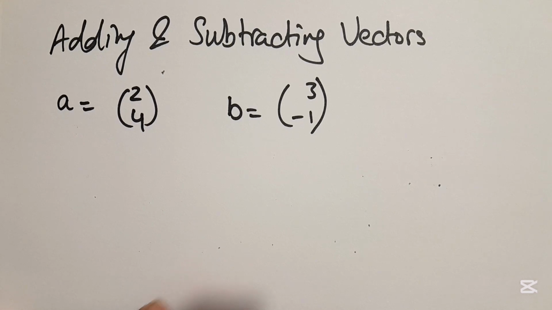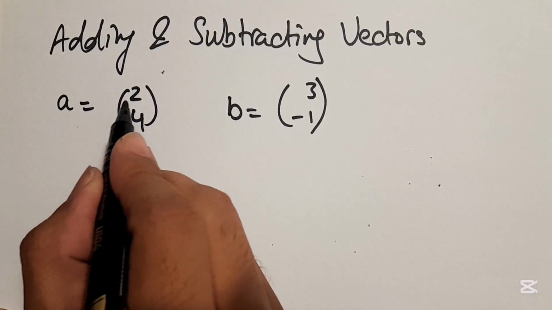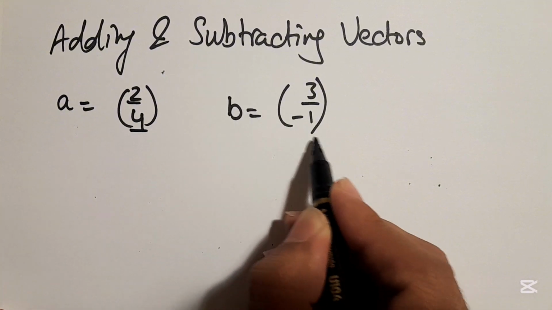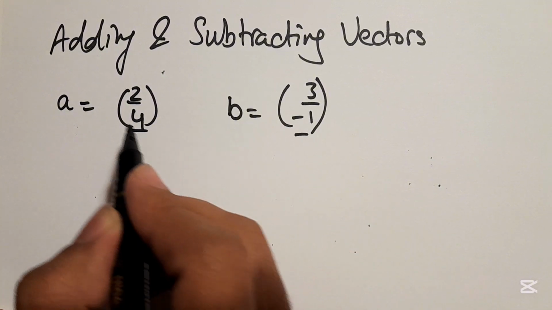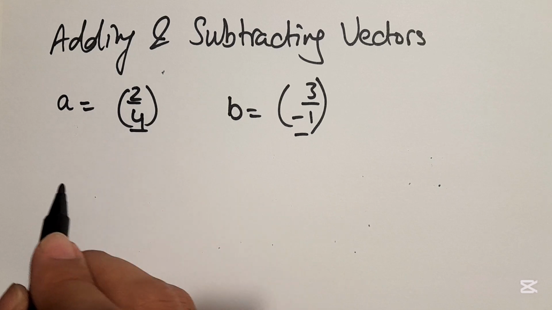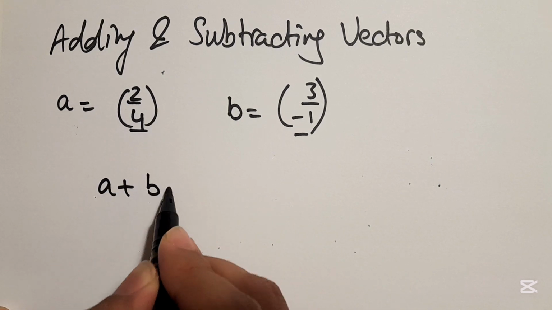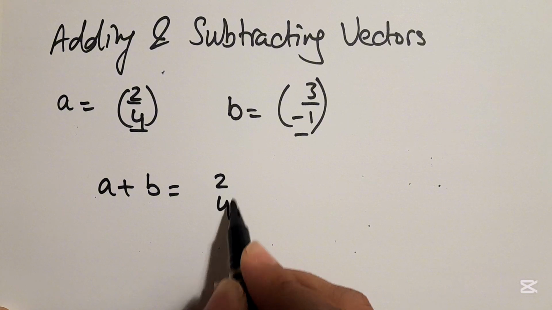We just add each part separately, meaning the top ones will be added together and the bottom ones will be added together separately, not mixing the tops and bottoms together. So a plus b is equal to (2, 4) plus (3, -1).